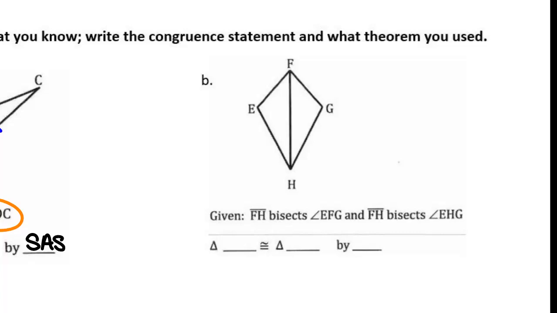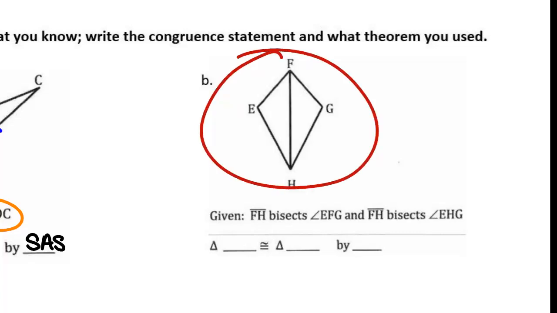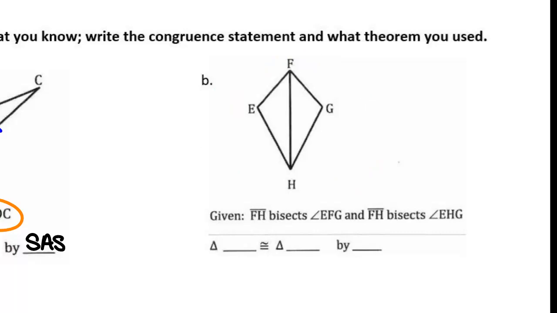Part B. There's something I can mark on this picture. FH. I'm going to use my reflexive property and say that is congruent to itself. And then it tells me something interesting about FH. It says that FH bisects angle EFG.